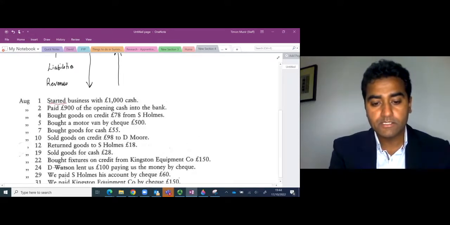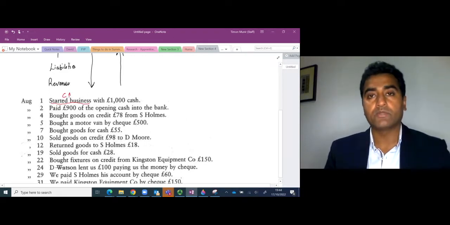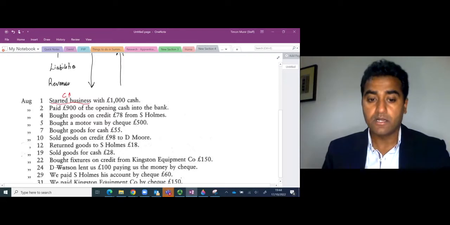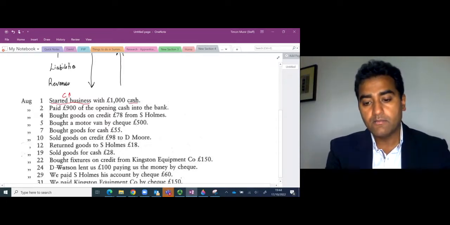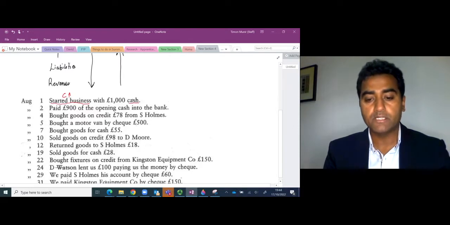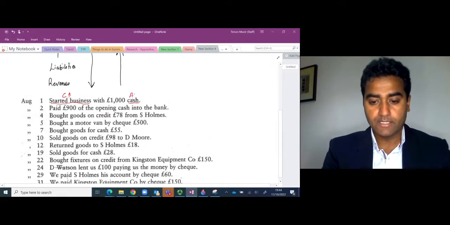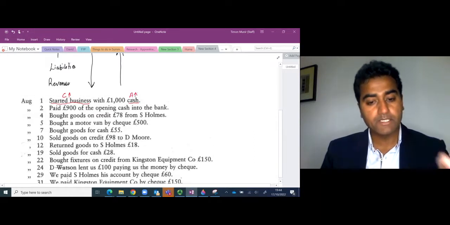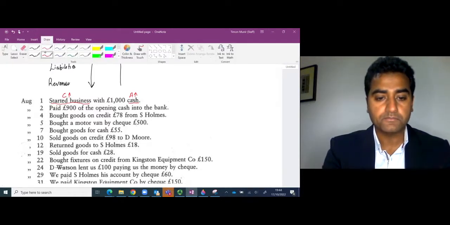Started business, that is my capital, which is increasing because before that I did not have any capital. Now I have a capital of £1,000, and before that I did not have money for my business. Now I have cash, which is an asset, and that is increasing. So the capital is increasing and cash is also increasing.